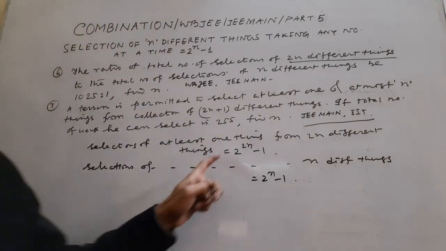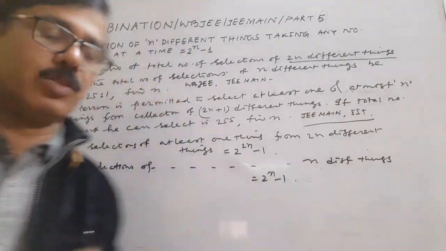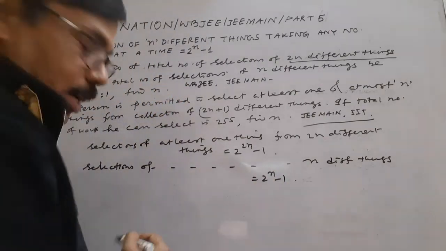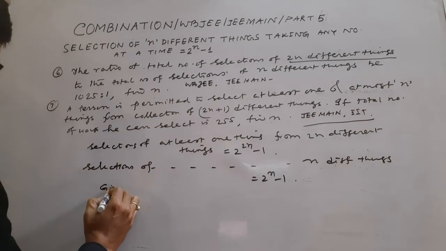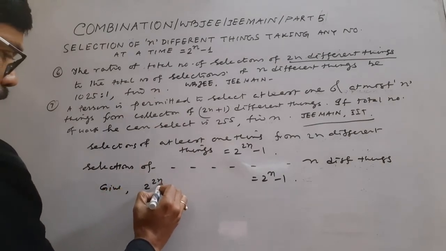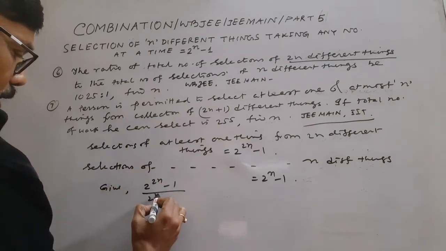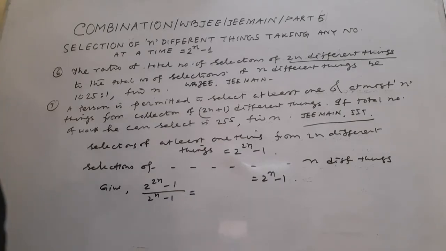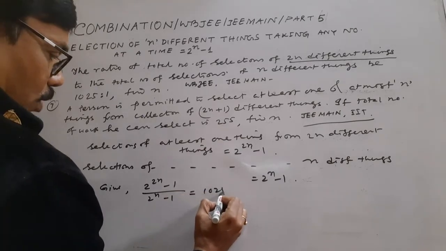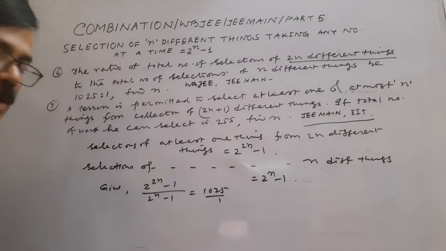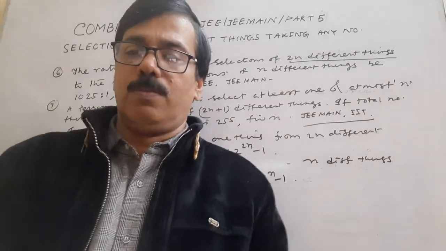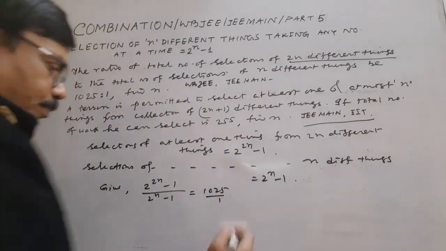So this is our formula, with n replaced by 2n. So the given condition is 2 to the power 2n minus 1 by 2 to the power n minus 1 equals 1025 by 1.